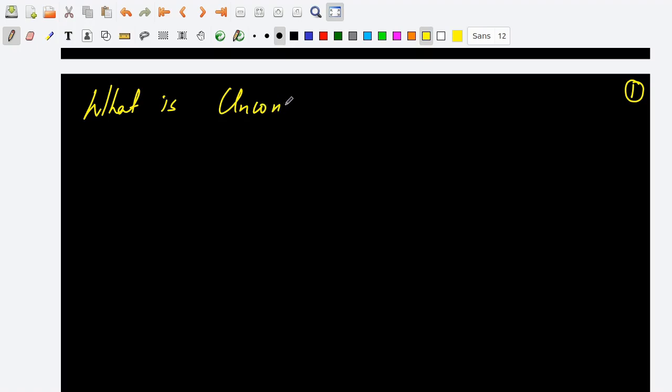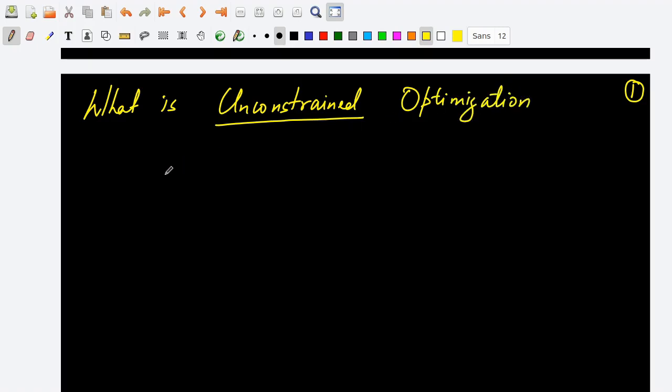And the keyword here is unconstrained, which means literally there are no constraints on what could be the allowed values of variables.